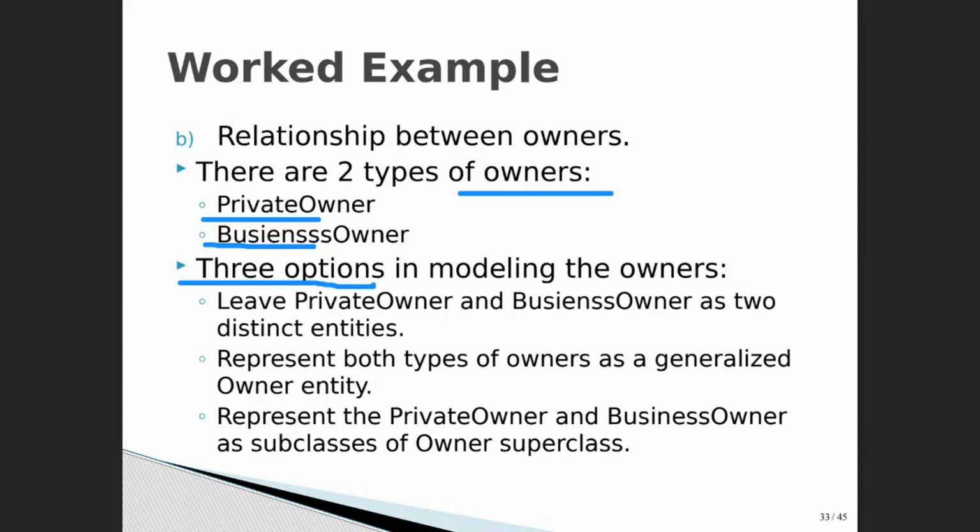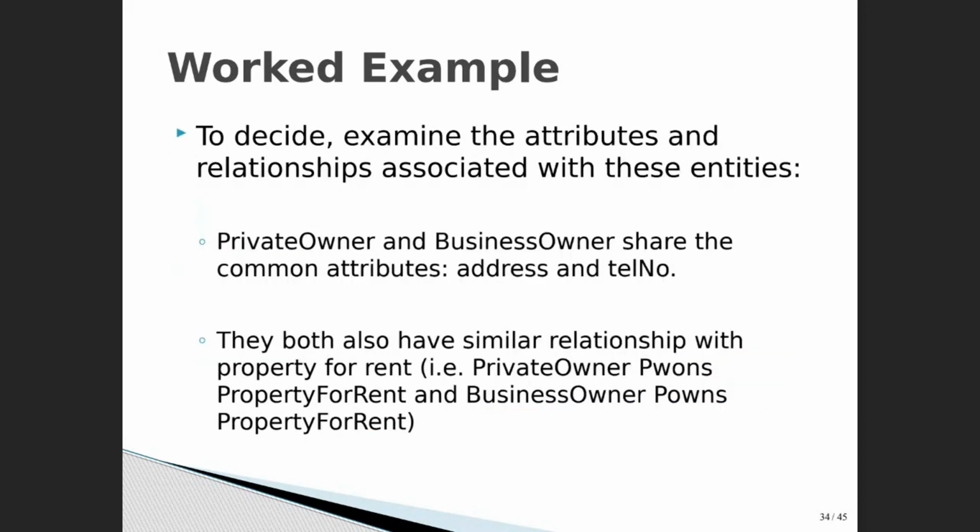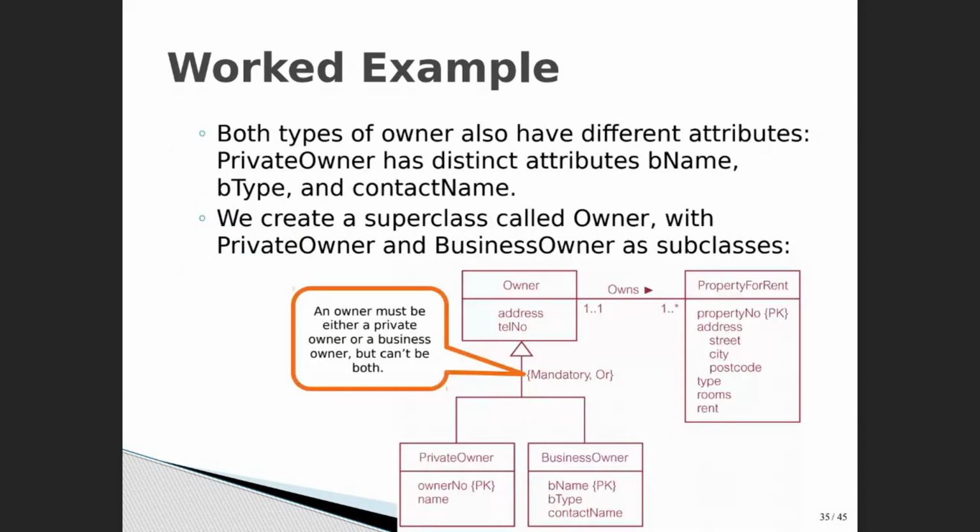For example, leave it as two distinct entities. We can do it this way. Or we can represent both owners as a generalized owner entity and represent them as subclasses of the owner superclass, like the previous example. So in this example, we have created owner as a generalized entity type, the owner superclass.